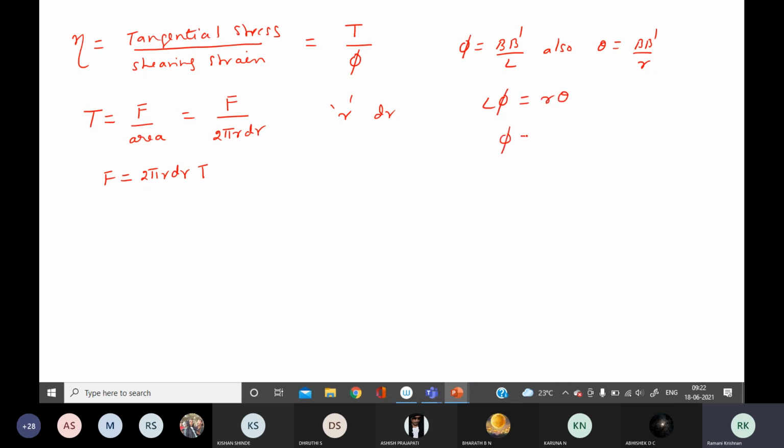So from here I'll take phi equal to R theta by L, because I'm going to substitute here. Now so tell me what I'm going to write. Force is equal to 2 pi r dr into tension. What can I write?